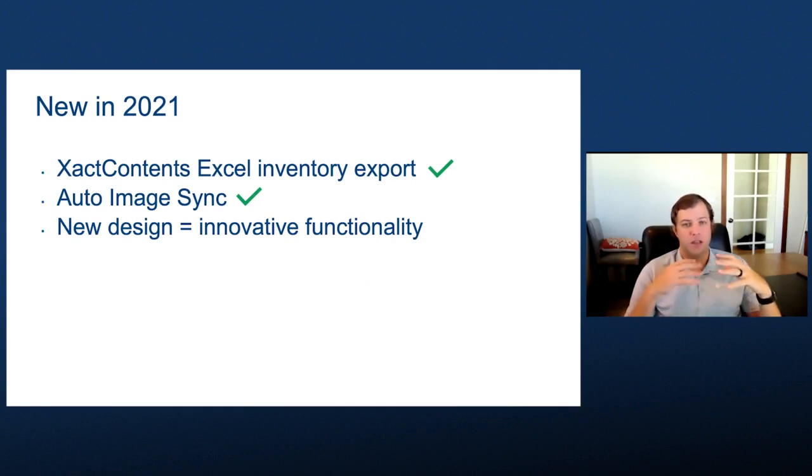All right, the next thing I want to talk about is that towards the end of the year, you're going to notice that the user interface inside Contents Track Online is going to change. The look is going to change. It's going to look better. That's not the point of us coming up with a new design. What we're doing on the back end is changing the code, and with that code, we're changing the design as well, which will make it look better.